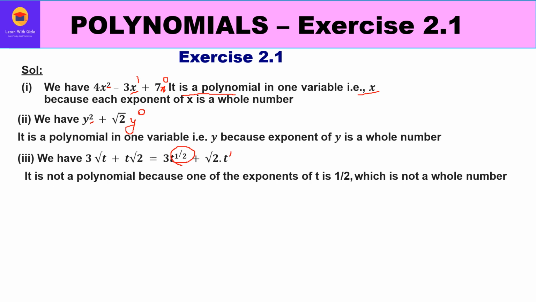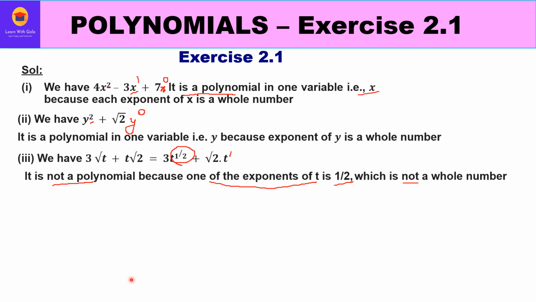So we can say it is not a polynomial because one of the exponents of t is half, which is not a whole number, right? For any algebraic expression to be a polynomial, always remember the exponent has to be a non-negative integer. It cannot be a fraction, it cannot have a radical sign, it cannot have a negative sign, right? So these things have to be kept in mind.